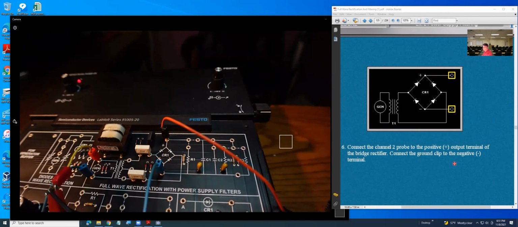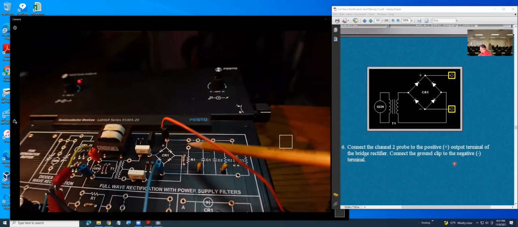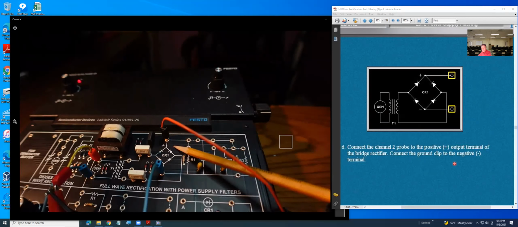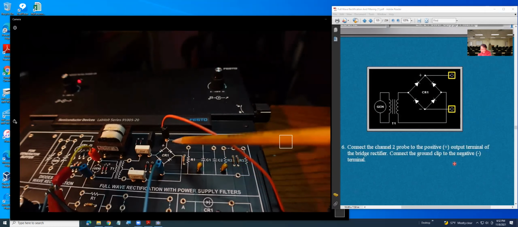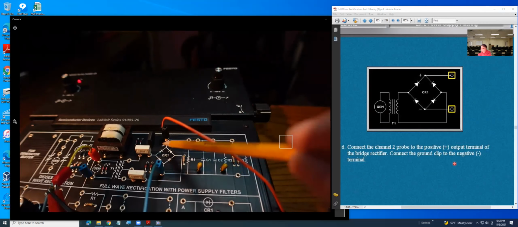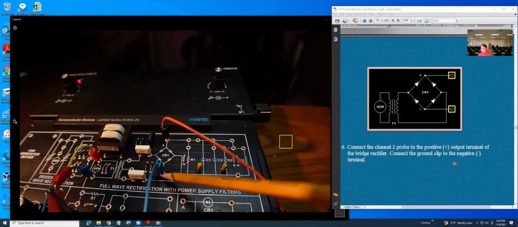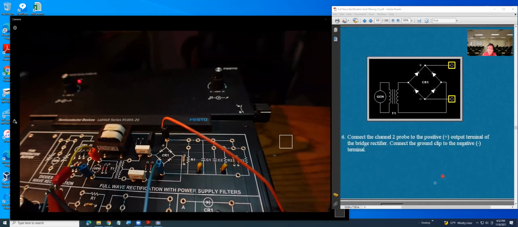Okay, it looks like now we don't connect the R1 right here. Remove that R1. Then connect the scope probe channel 2 to the top, and ground will be on the bottom here. Okay, so see what they said here.